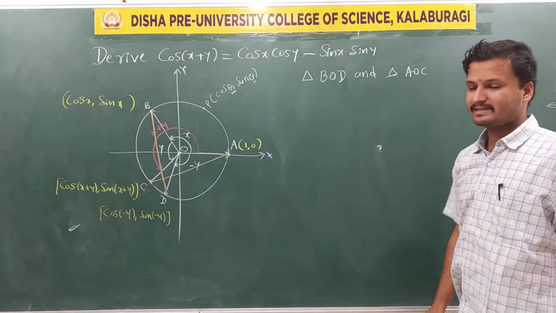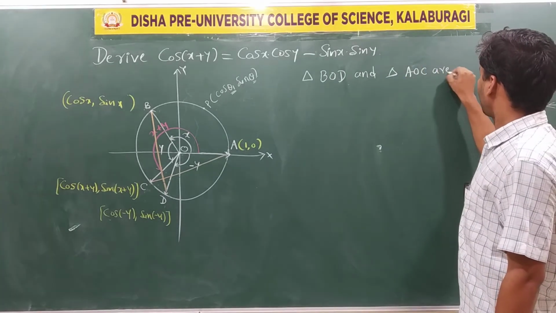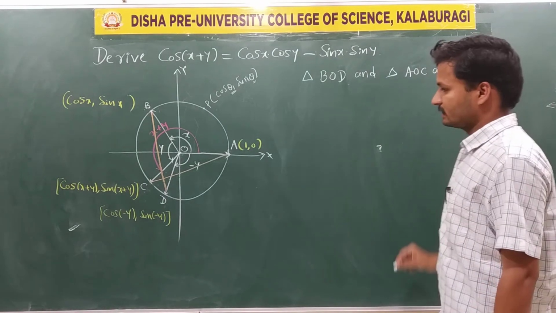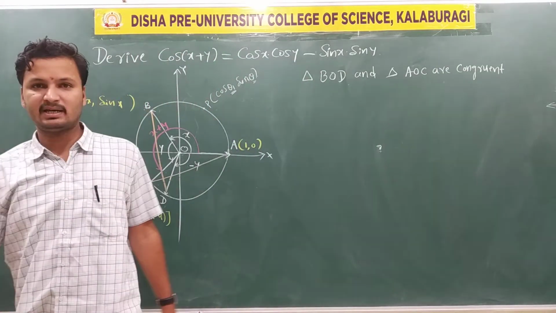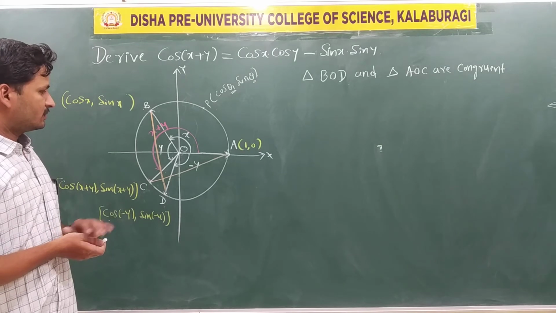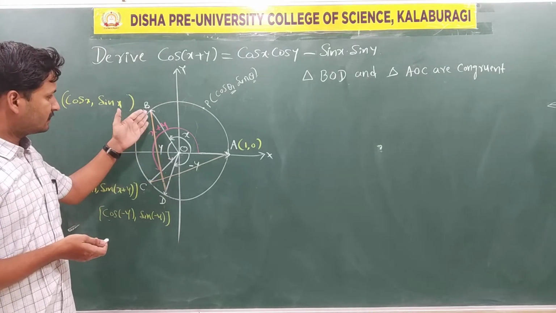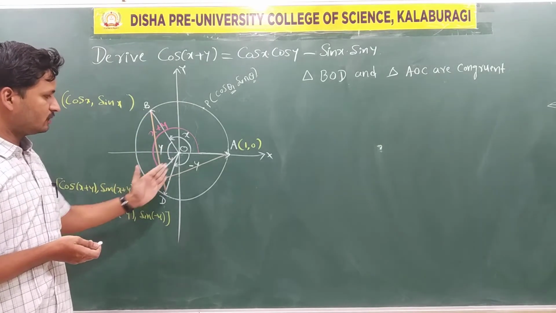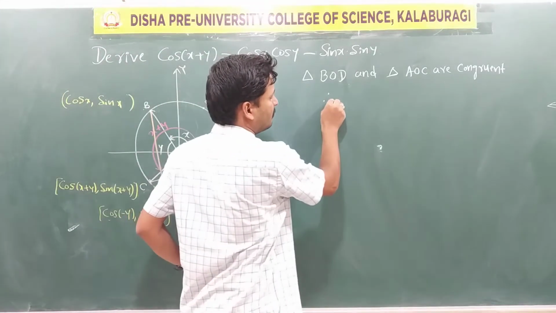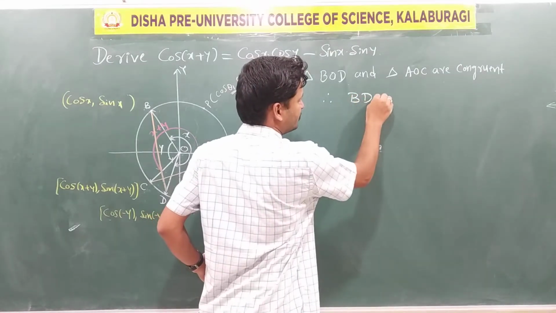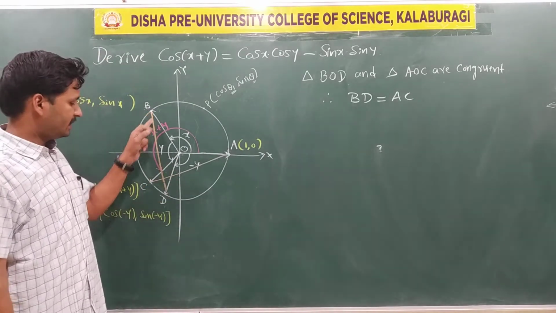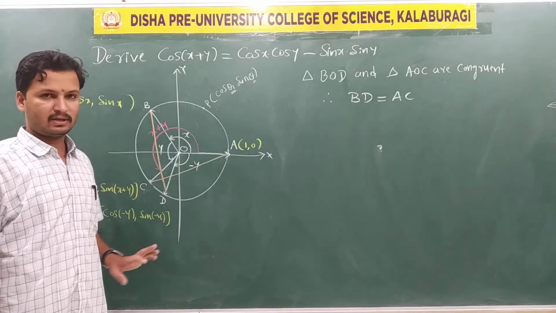These two triangles are congruent because all sides are equal in length. So the length BD is equal to the length AC or CA. So therefore BD is equal to CA or AC.